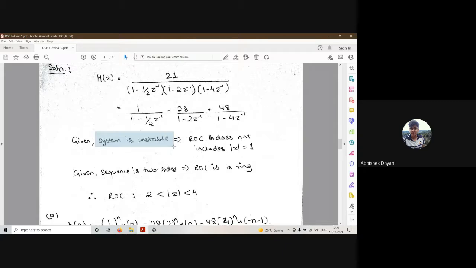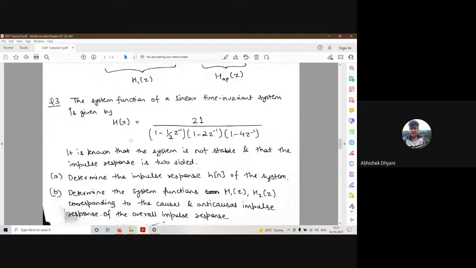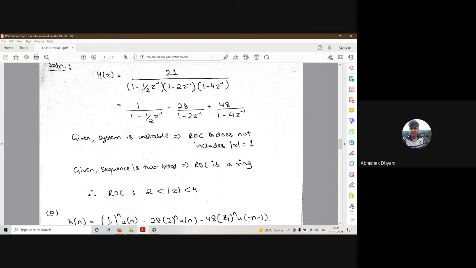The first thing given to us in the question is that the system is unstable, which means the ROC does not contain the unit circle. The second part is that the sequence is two-sided, which means the ROC is a ring, right? So what options do we have? First of all, we cannot have |z| greater than 1/2, because in that case the first condition is not satisfied, since the system would become stable.